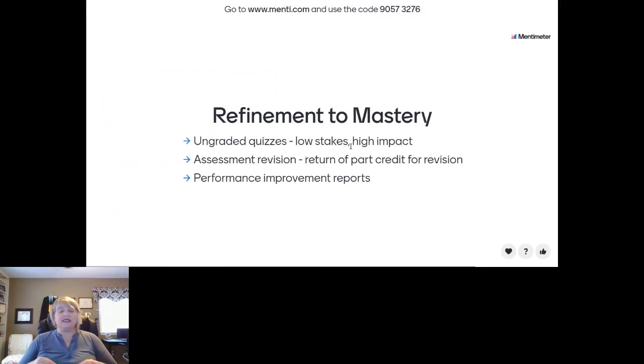Assessment revision is important. I learned a long time ago that I get a lot of bang for my buck by allowing my students to look at their graded assessments for units and revise them in a structured format. They get feedback from me on the entire assessment, and they get the choice to revise it.